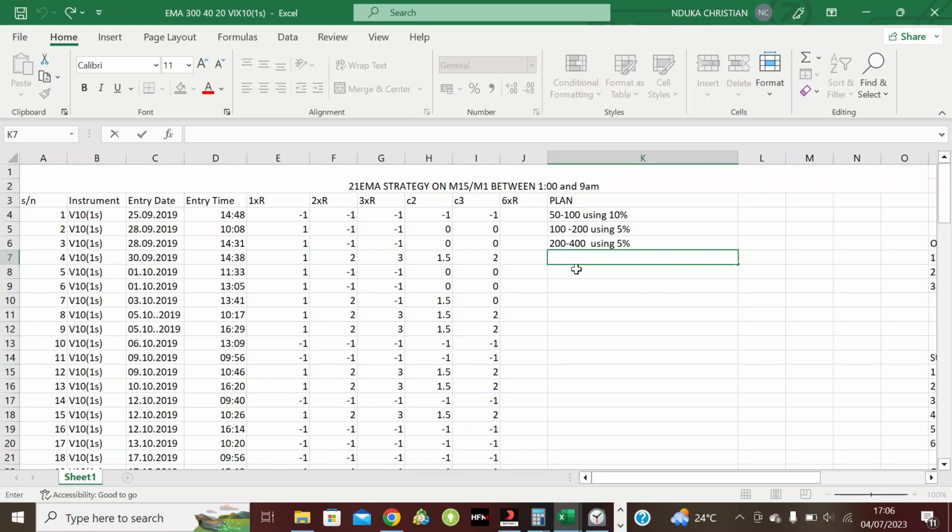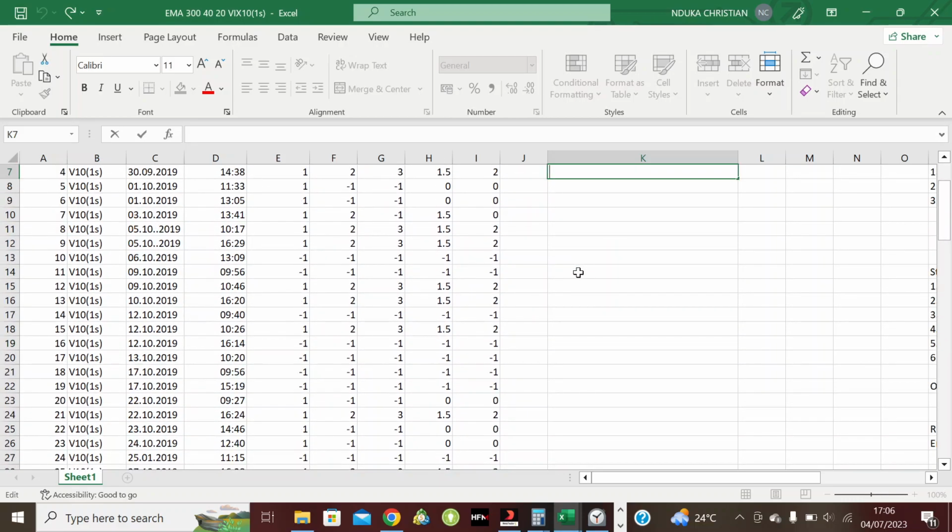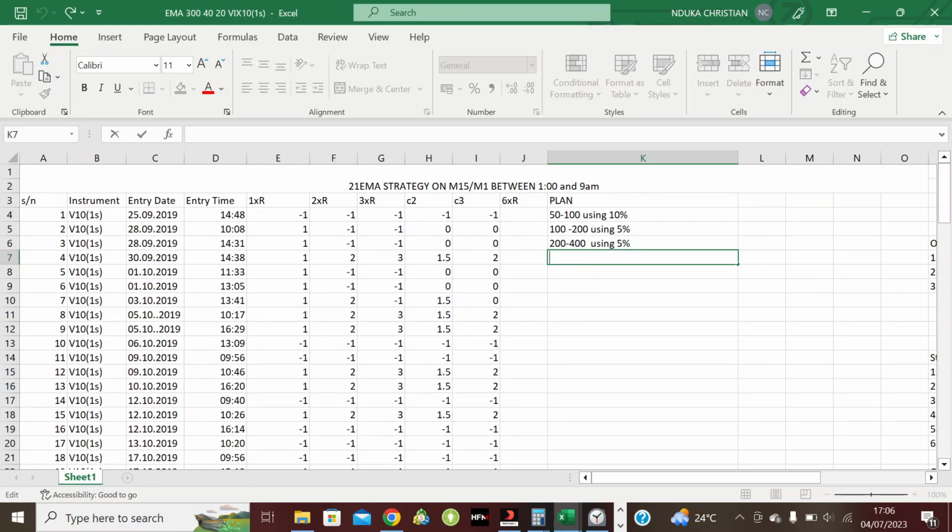Then from 2,000, the next will be 4,000. Then after 4,000, the next milestone is very easy, which is 8,000. Supposed to be 8,000, but our target for this challenge is actually 5,000.